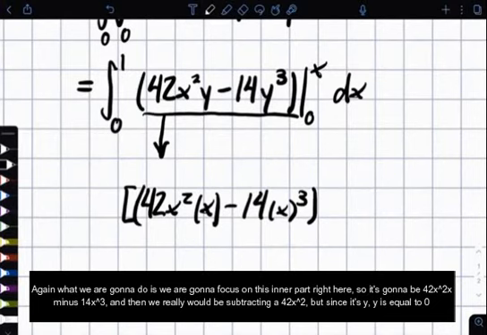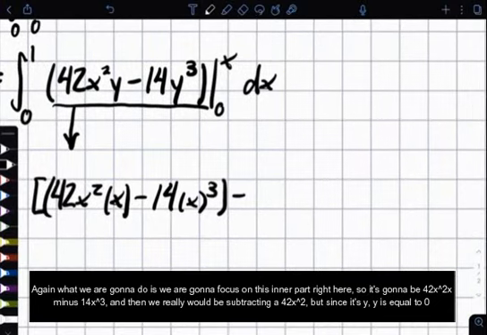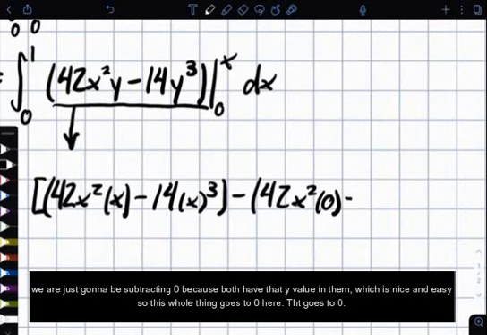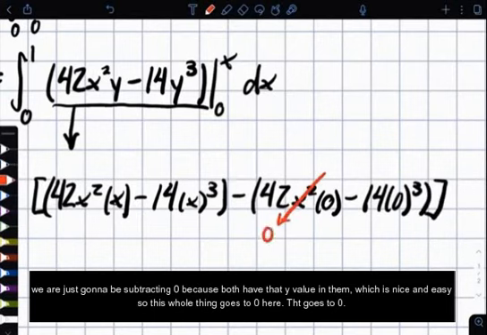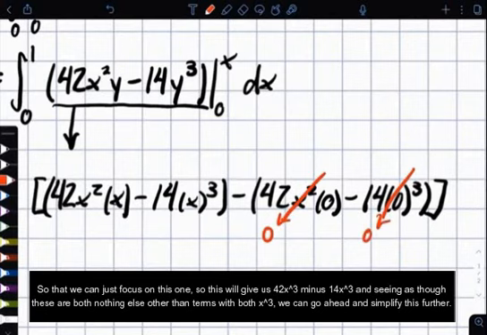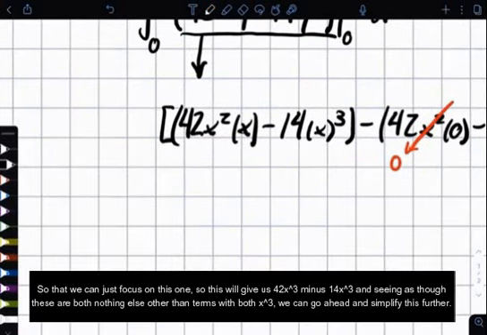Then we would subtract the value at y equal to 0, but since y is 0, both terms have that y value in them and we're just subtracting 0, which is nice and easy. So that whole part goes to 0, and we can just focus on the first part.